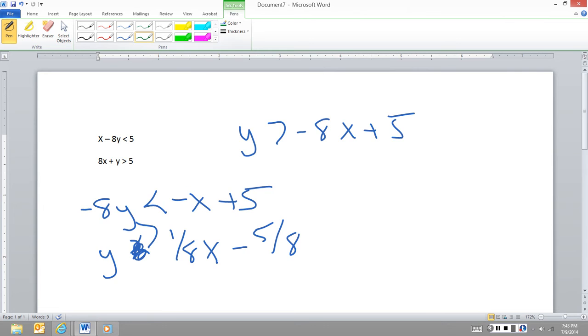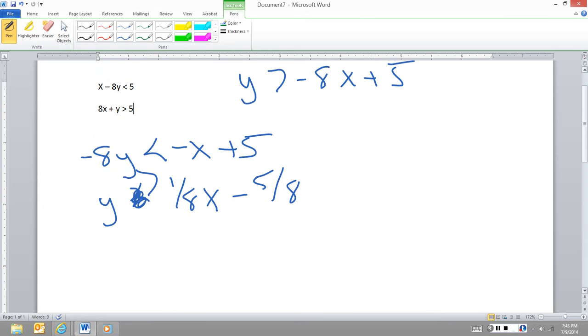Okay. So now I want to graph these. The first one here, I'm going to start down at 5/8, which is somewhere between these, so let's just assume it's about right there. Let's change colors. I'm going to go up 1, and I'm going to go over 8. 1, 2, 3, 4, 5, 6, 7, 8.